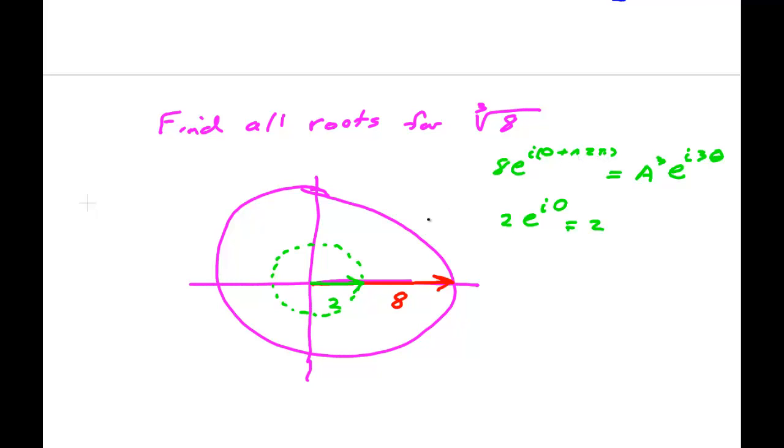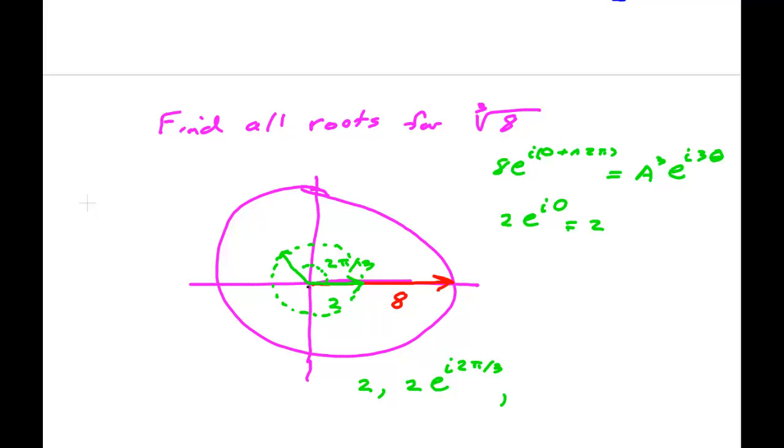That means that instead of going all the way around when n is equal to 1, because we're now dividing it by 3, we're only going to go a third of the way. And so one of the answers is right here, where that is 2 pi over 3. So one root is 2. Another root is 2e to the I 2 pi over 3.